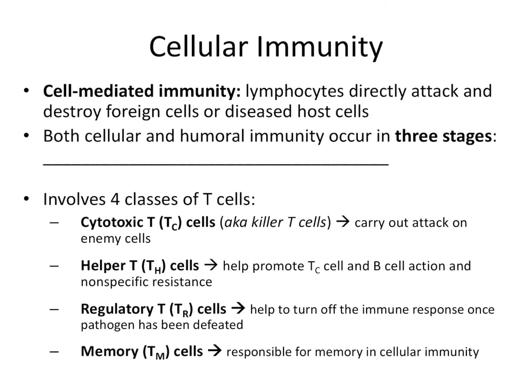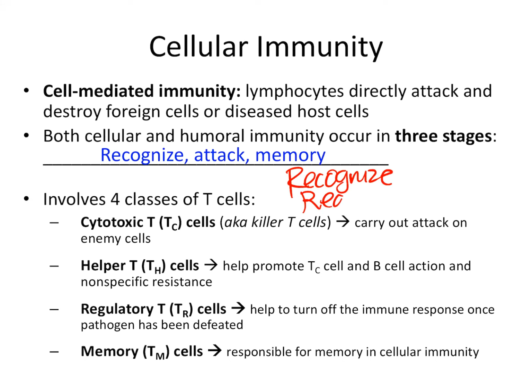Note, however, that both cellular and humoral immunity occur in 3 stages: recognize, attack, and finally memory. You could also help yourself remember this by thinking of your 3 R's: recognize, react, and remember.